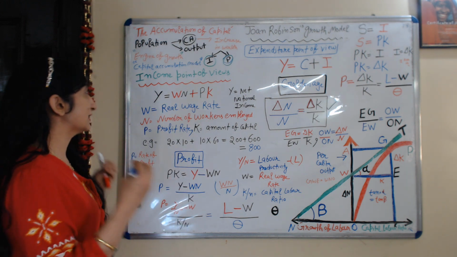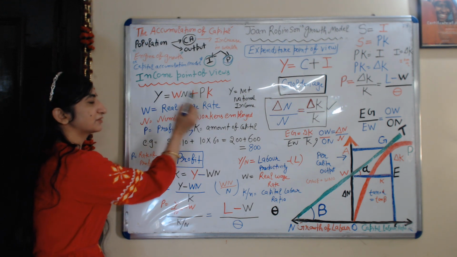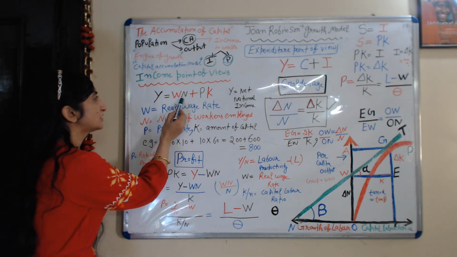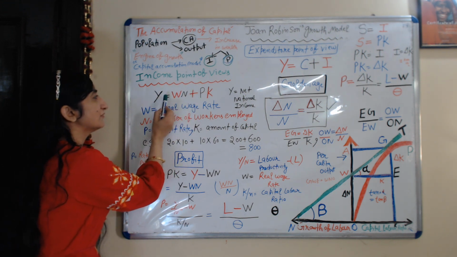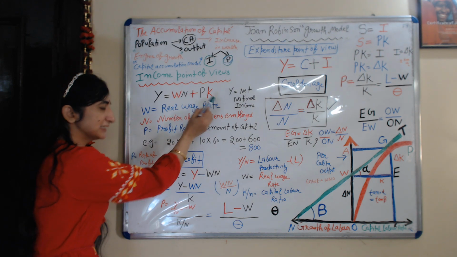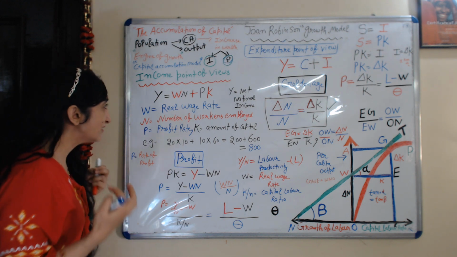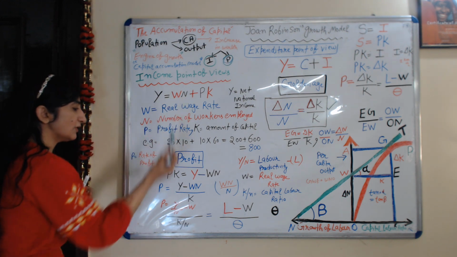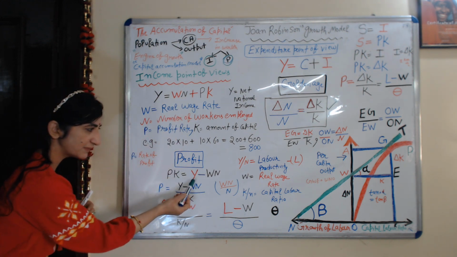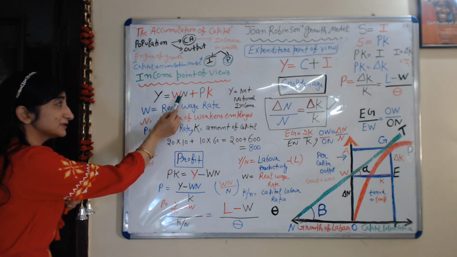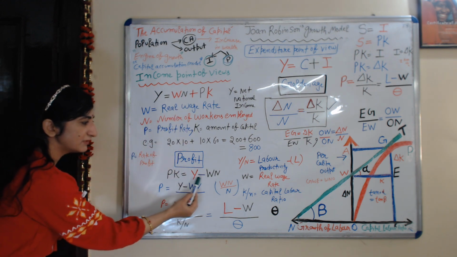We will calculate the rate of profit from this equation: Y equals WN plus PK. When we bring WN to this side, it becomes minus.